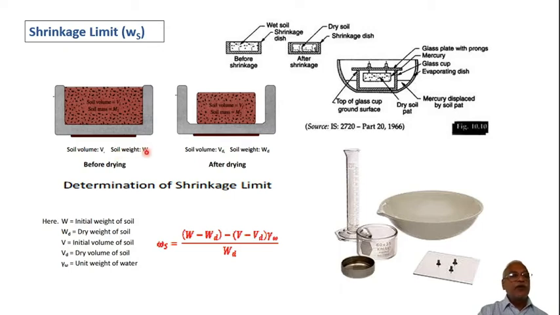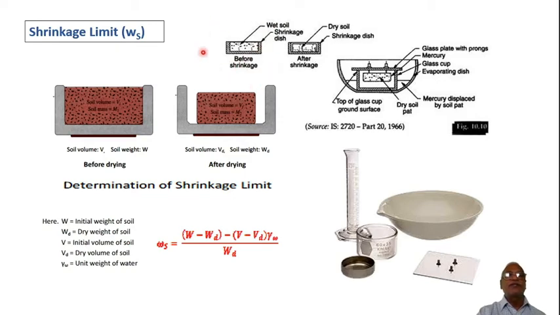How to find out weight of the soil? Soil plus container, you can take the weight, minus empty container will give you mass of the soil or weight of the soil. That is written here. Okay, now this dish is shown over here also, wet soil shrinkage dish before shrinking.